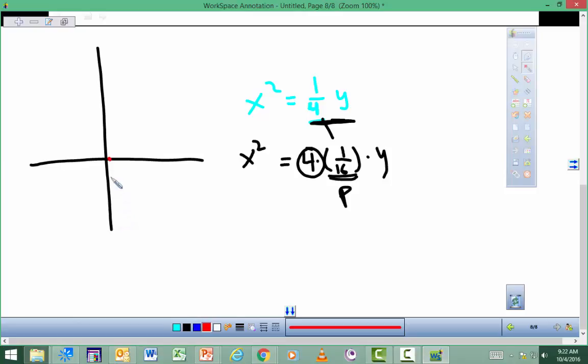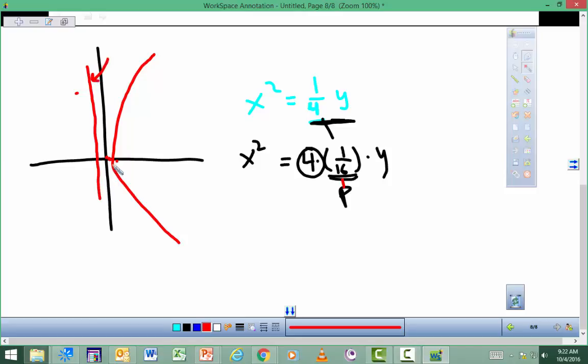You're going to notice something different about this graph. The first ones we did were very spread out, like this. Well, when the focus is very close to the vertex, it does something different, and you'll have to discover what that is. Anyhow, that's your focal distance. And so the directrix is also 1/16 this way.